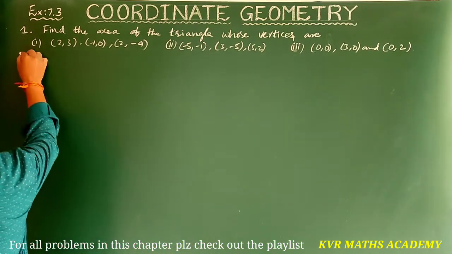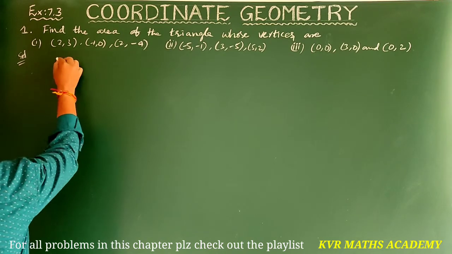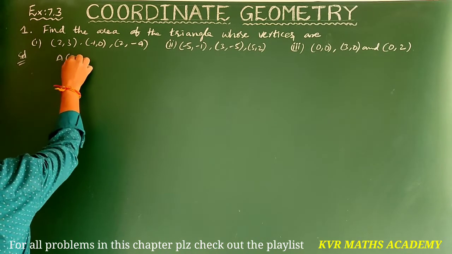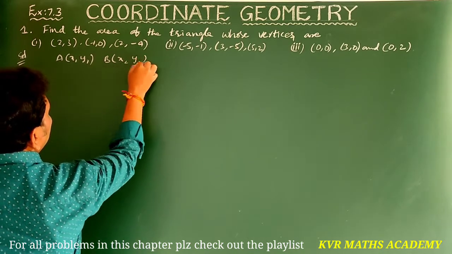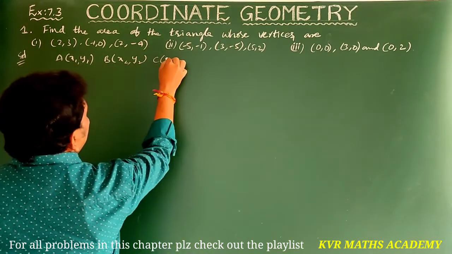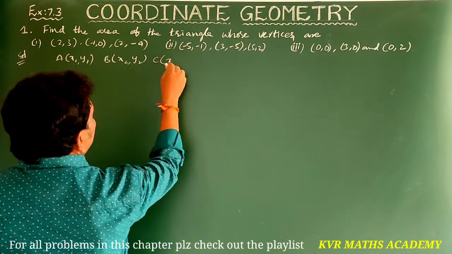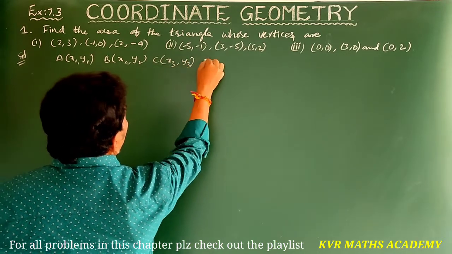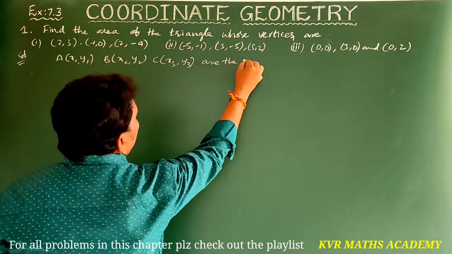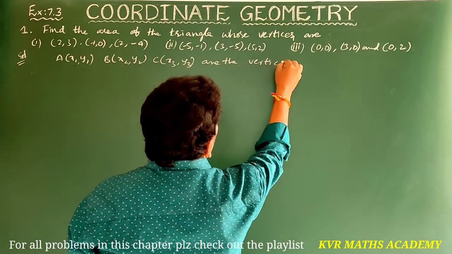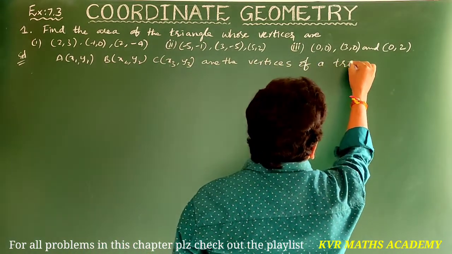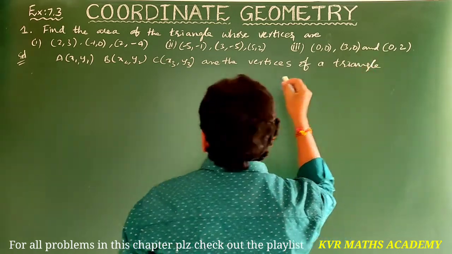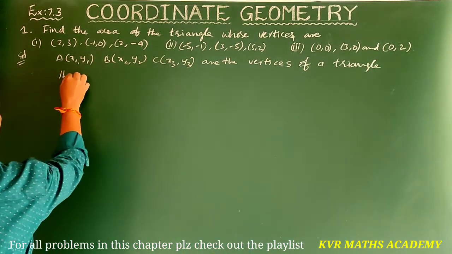Solution. See, if A(x1, y1), B(x2, y2), C(x3, y3) are the vertices of a triangle, then how can you find the area of the triangle?